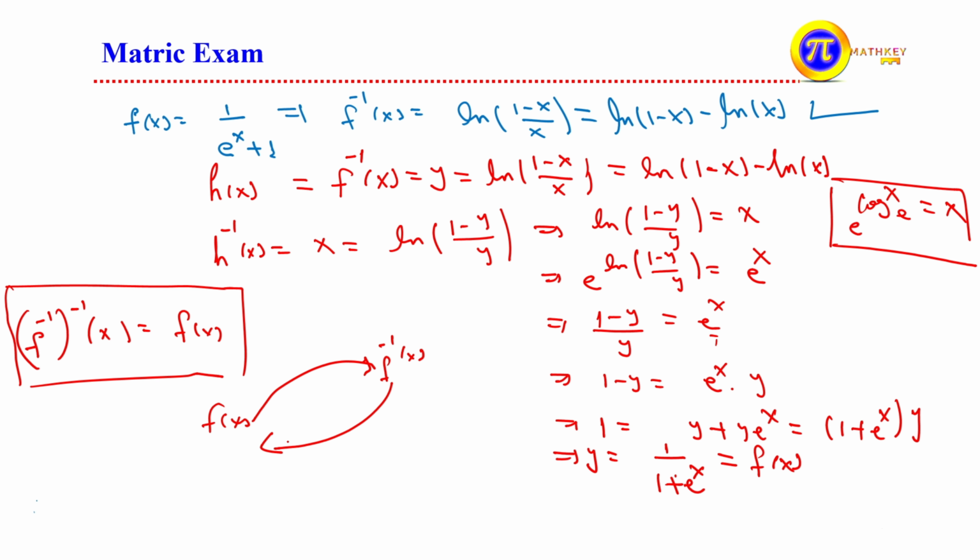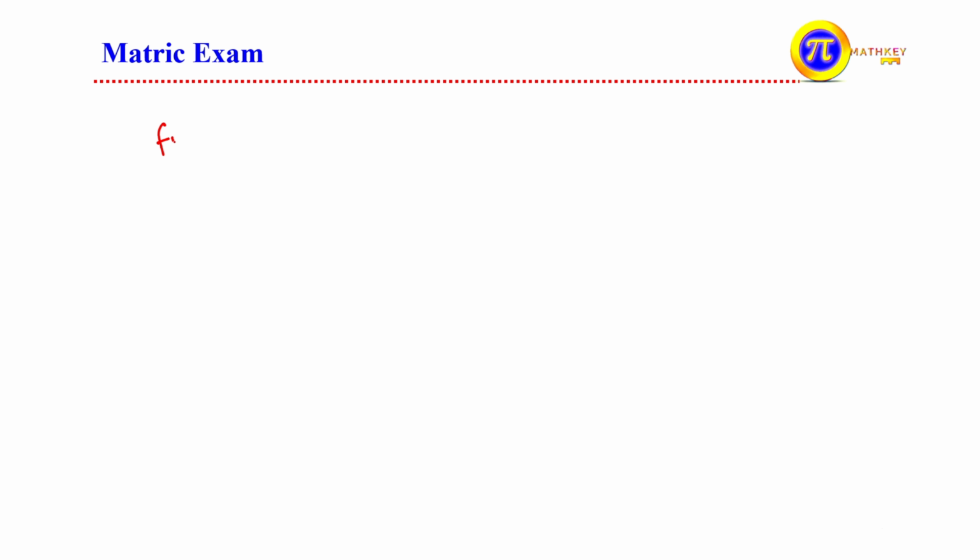The other option that I want to show you is to check that if it is invertible, f inverse of f of x is equal to the same identity x. You have to consider the arbitrary example that we checked there.